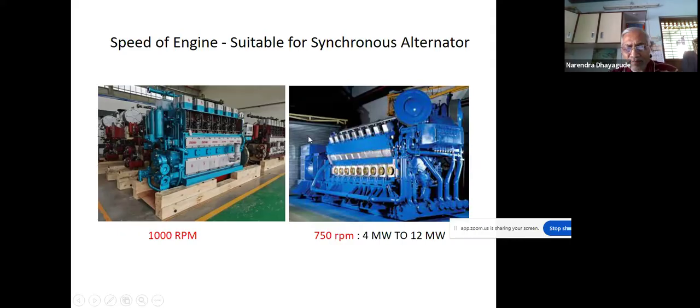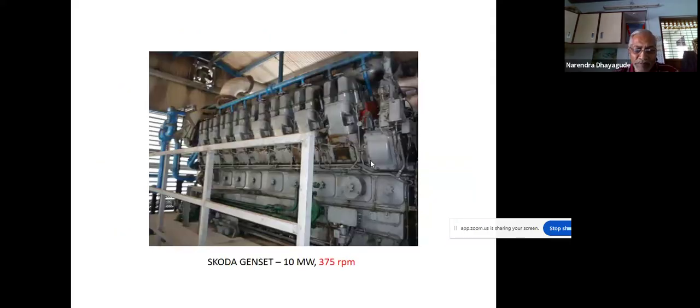The advantage is, as the RPM is low, the frictional losses are very low and the centrifugal forces are less. That is why the life of these engines is much higher. Comparatively, maintenance is less because of the lower RPMs. But the initial cost is very high. So this is one of the problems with that.